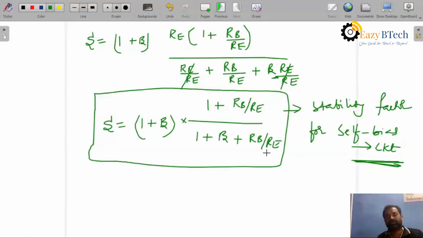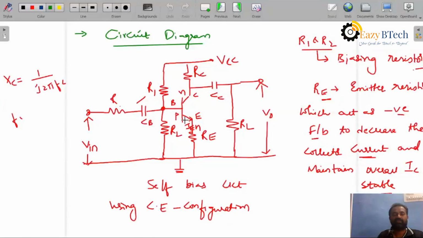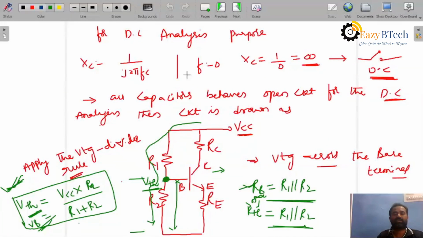Okay students, now we will find the stability factor by taking an example. This is the circuit for a DC analysis.